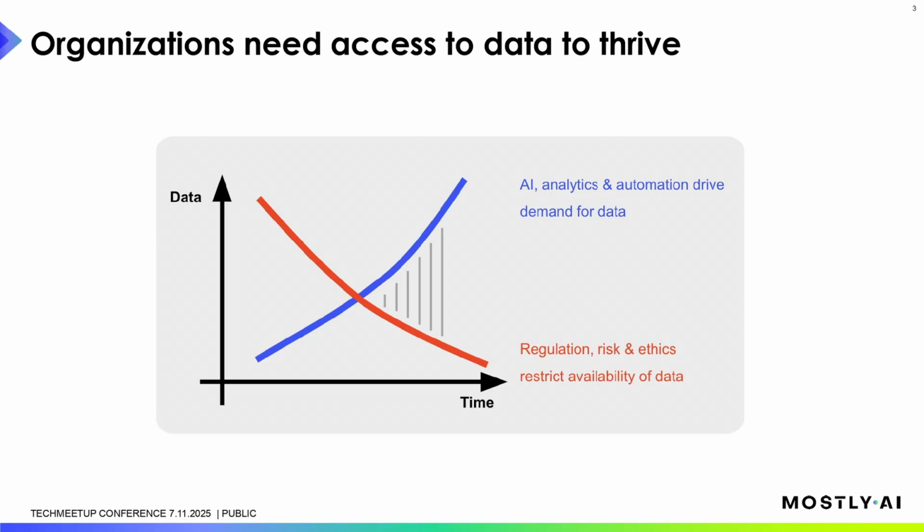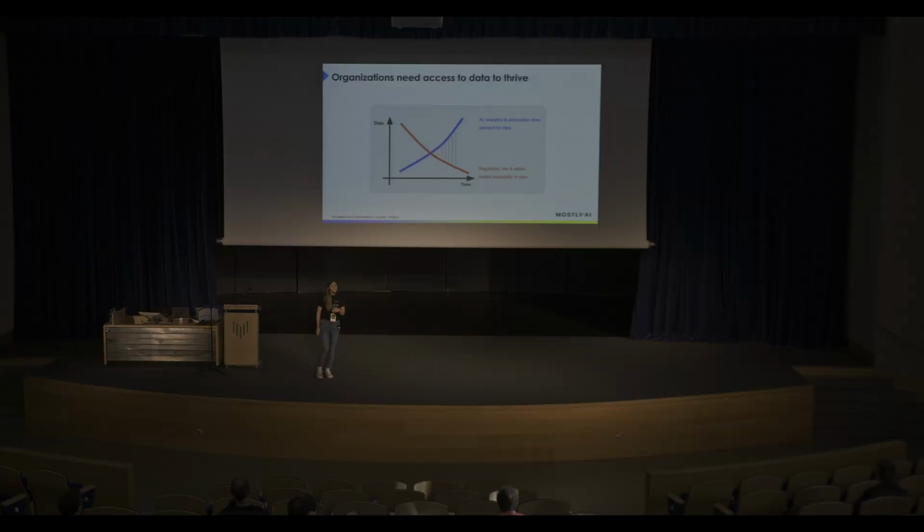There is a huge demand for data. Companies and researchers want to get insights from data, they want to drive innovation, use it to build AI models. But at the same time, there is regulation. There are ethics and risk with privacy.